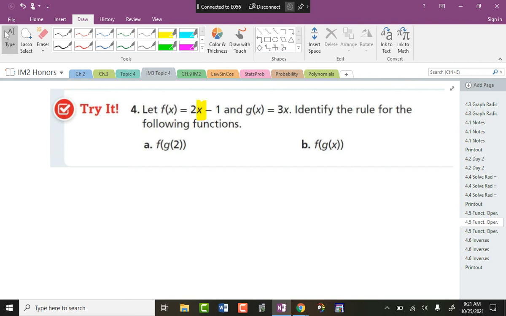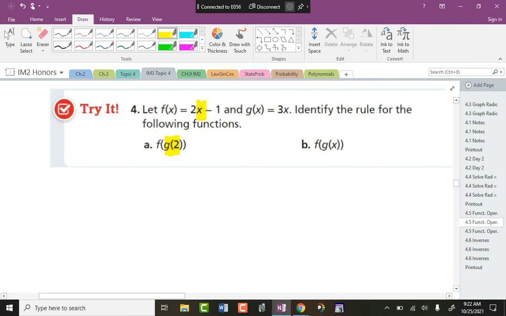Okay, so again, two different kinds of questions for composition of functions. First one is the easier of the two, the numeric. F of g of 2. So just like the notes described, ignore the f of first and just do g of 2.